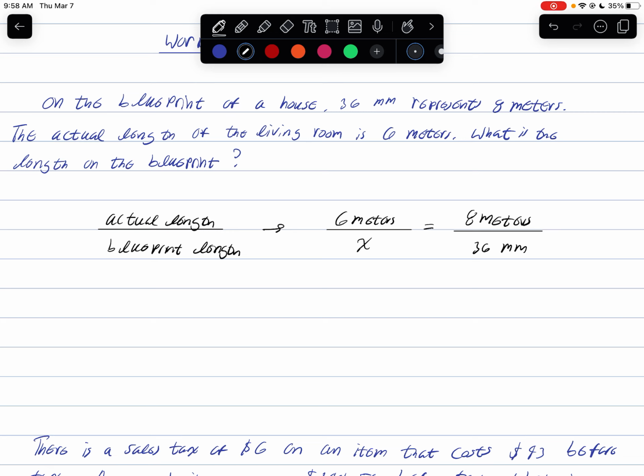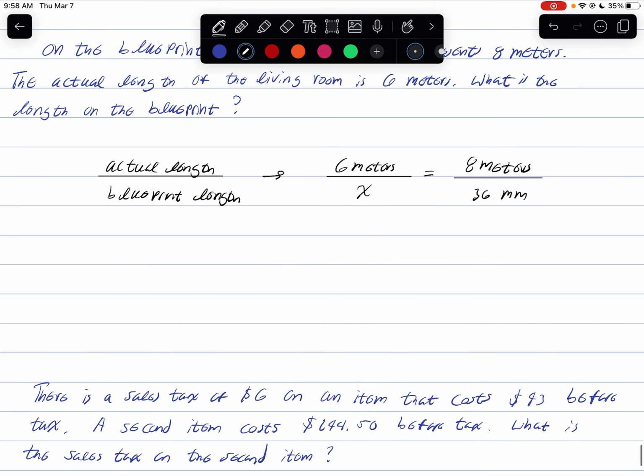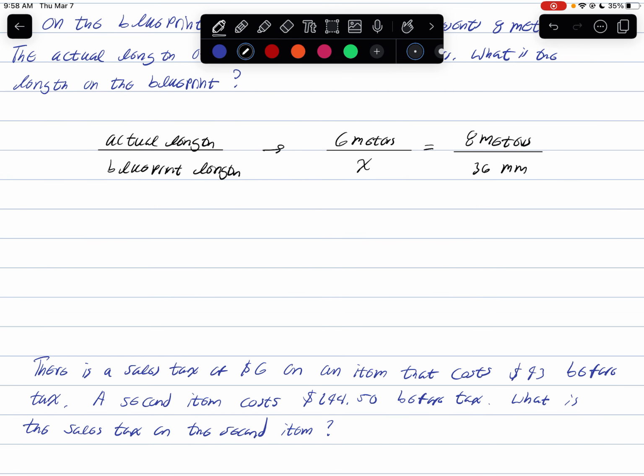We know that 8 meters is associated with 36 millimeters, and 6 meters should be over something we don't know, but it should be the same ratio. So we can use this to solve for X. I'm going to write this without units so that we can do this a little faster. So we have 6 over X is equal to 8 over 36.